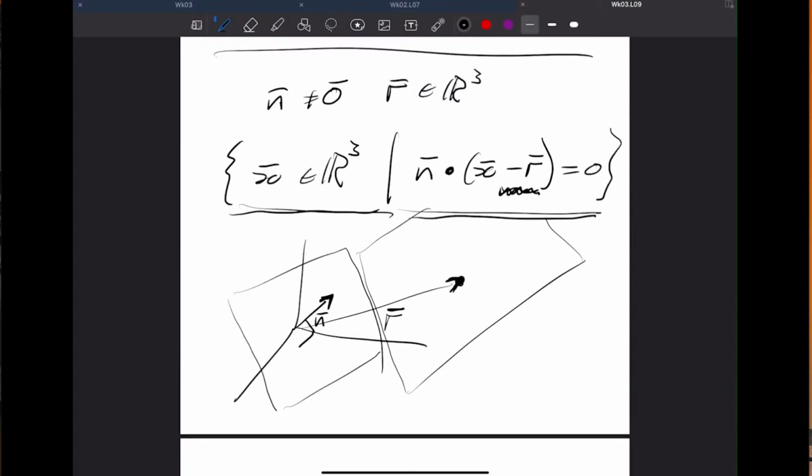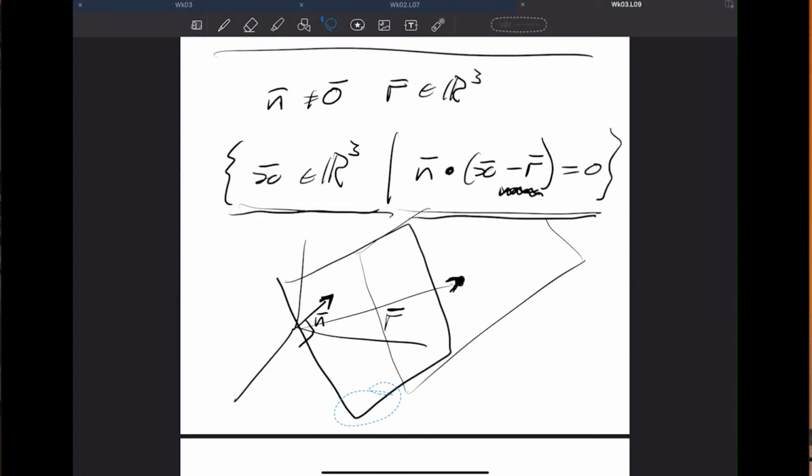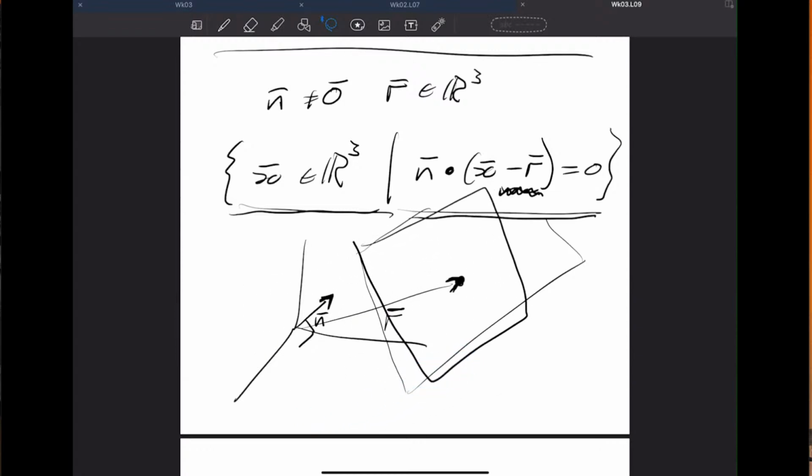If we add this minus r, this whole plane gets translated, hopefully I've grabbed all the parts of the plane. Let me redo that. That should be like so. Adding this minus r has the effect of translating this plane so that r is actually part of the plane. And if we move our normal vector to that point, we will see that it is still at 90 degrees to the plane.